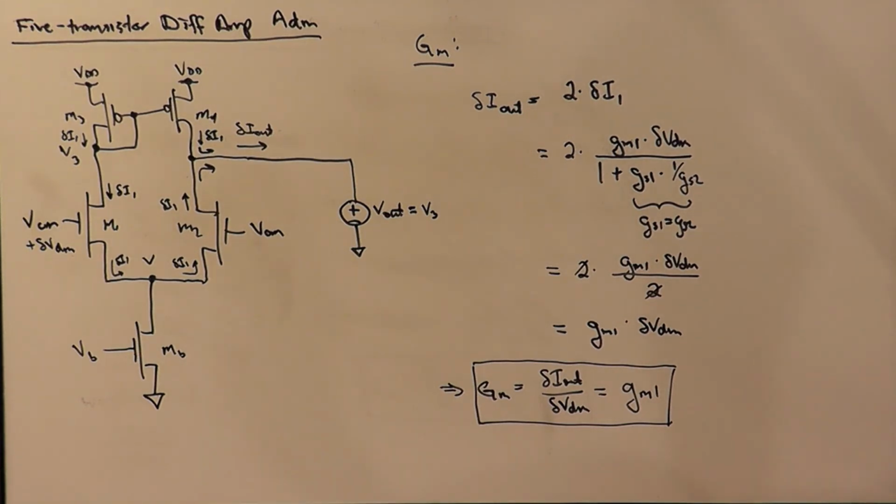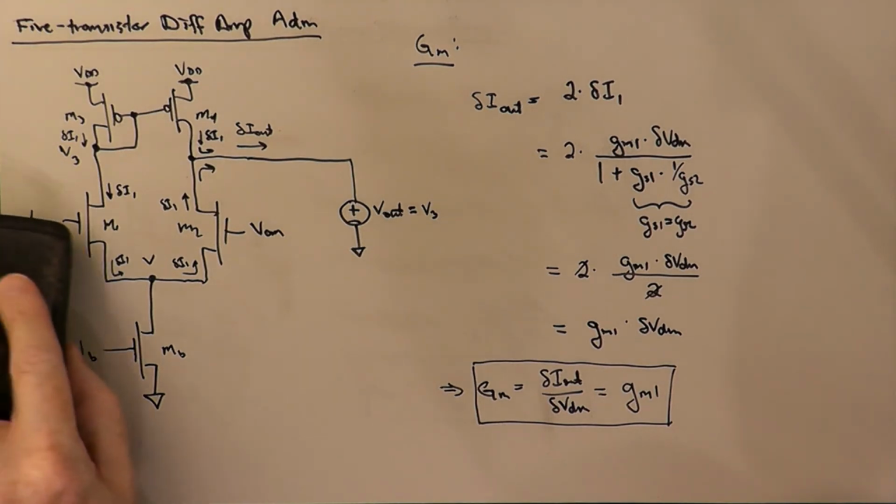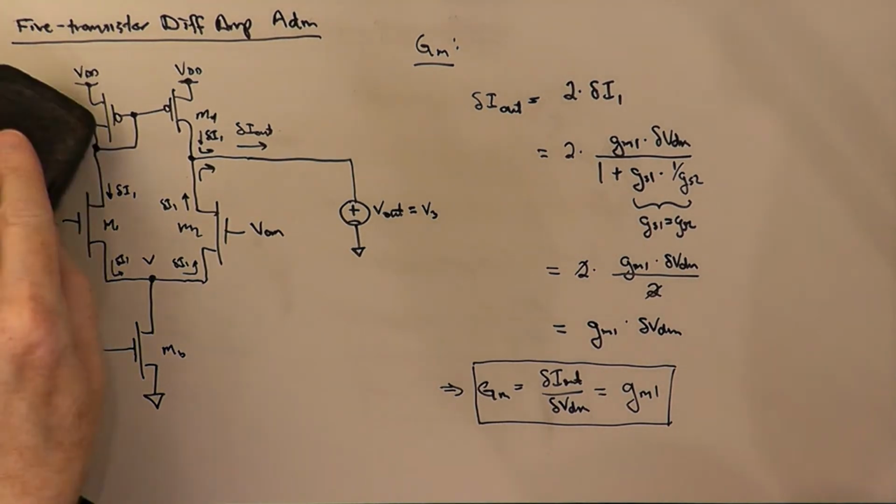So now we have to do the R out piece. Okay, and that's going to take a little bit of doing, but we can do it. So I'm going to take away our current increments here.